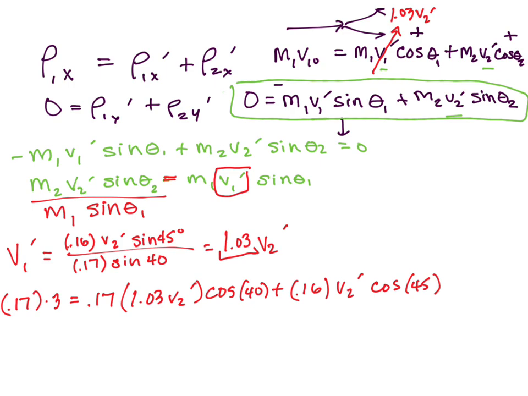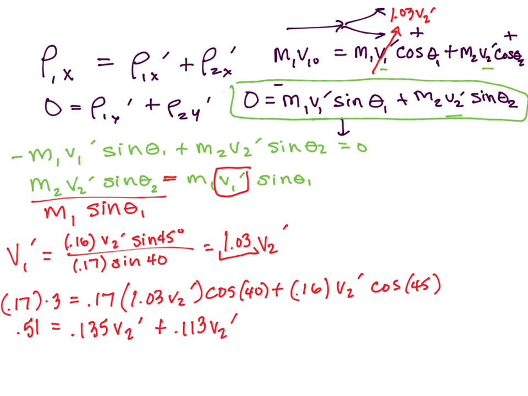I want to simplify these multiplications and decimals. If I do 0.17 times 3, what do I have on the left side? 0.51 equals, somebody do 0.17 times 1.03 times cosine of 40. 0.135 V2 final plus, somebody else do 0.16 times cosine 45. 0.113 V2 final.